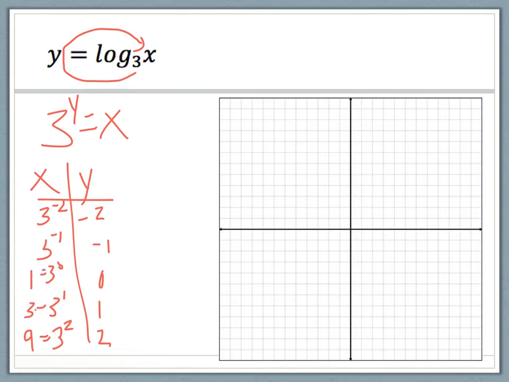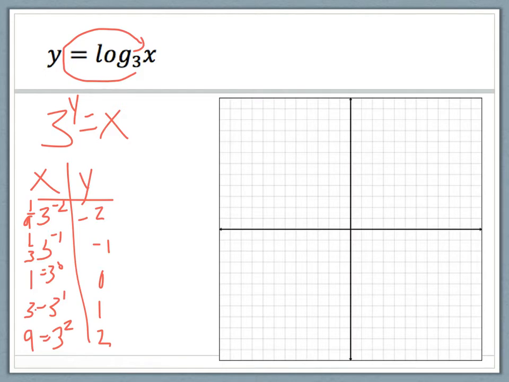Now, 3 to the -1, I can do in my calculator, 3 to the -1 power, or I can just do this as 1 over 3. Either way works. If it's a decimal, I think it's 0.3 repeating. 3 to the -2 is going to be 1 over 3 squared, which is 1/9, or if you do it in the calculator, it's 0.1 repeating.